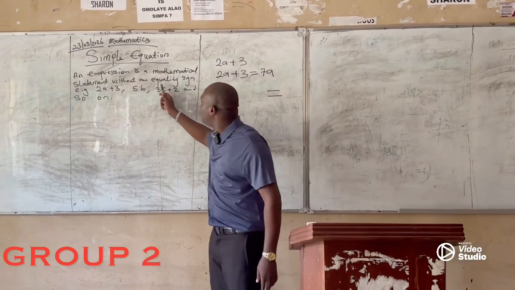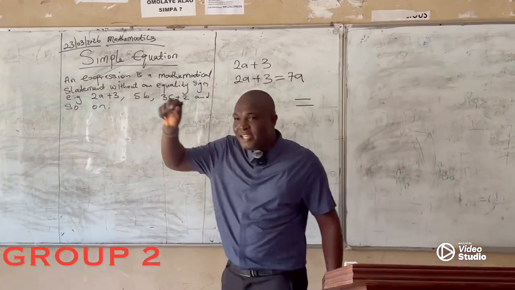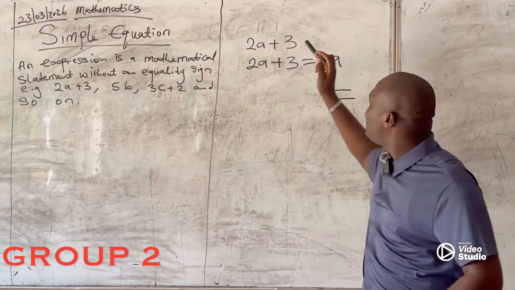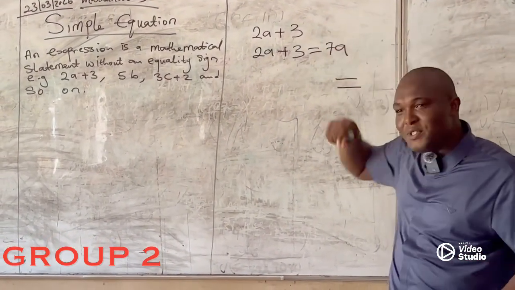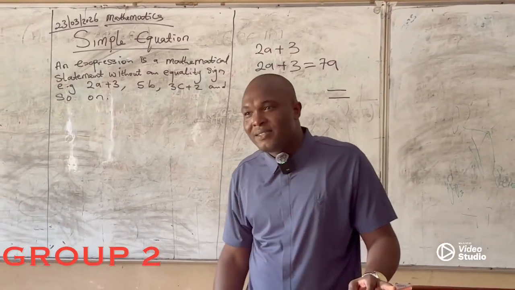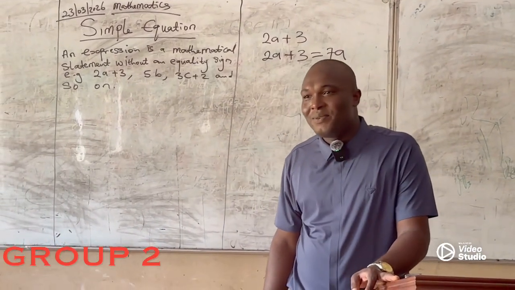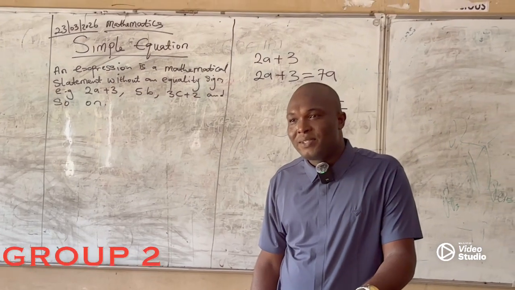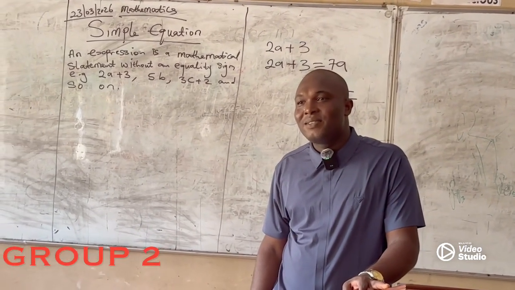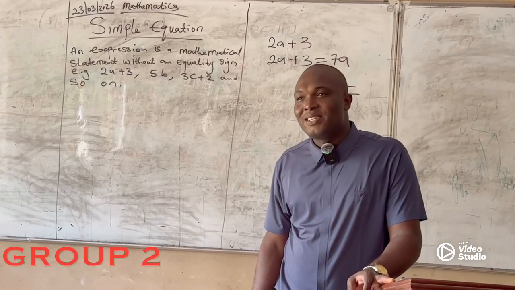Remember that this one does not have an equality sign. Then we are talking about an equation, just like the way you said the difference. So I want somebody to tell me, okay? An equation is an expression. Okay, an equation is a mathematical statement with an equality sign.